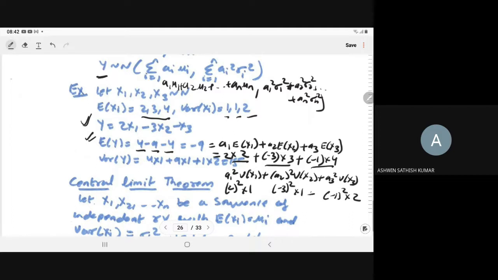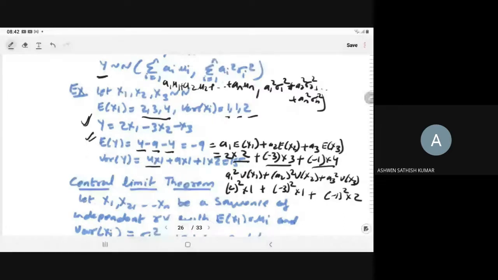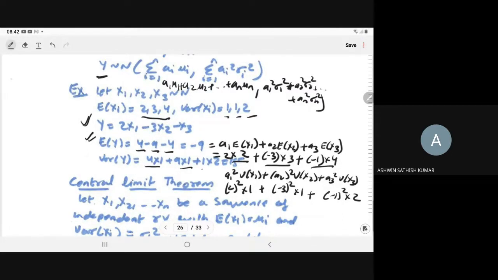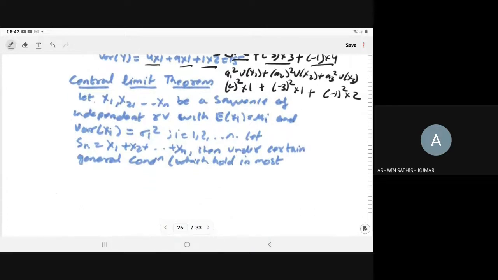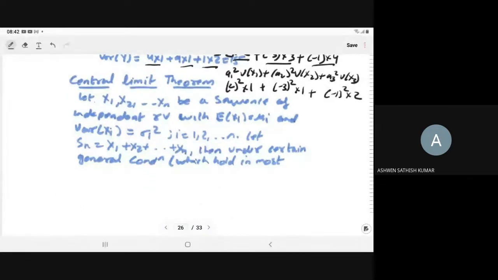And here we have plus; in the exam you write minus here. So this will become 4 into 1, 9 into 1 and 1 into 2, so that will be 15. In this way, we compute the distribution of a linear combination of normal variates.